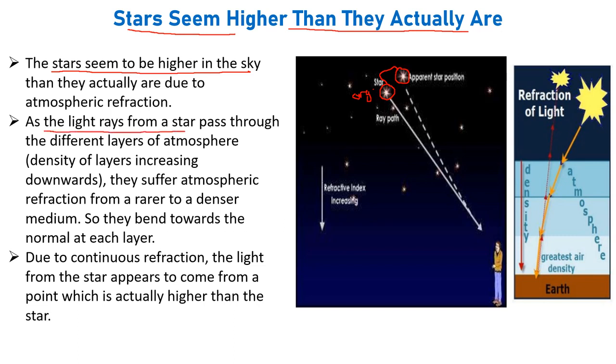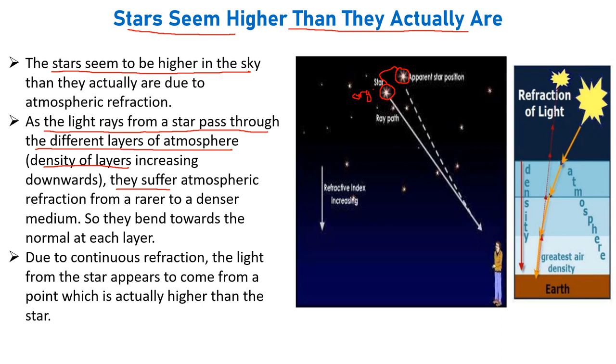As the light ray from a star passes through the different layers of the atmosphere, these layers have different densities. Because of the different densities, the light travels with different velocities, and because there is a change in velocity at the different levels of the atmosphere, there is a refraction.